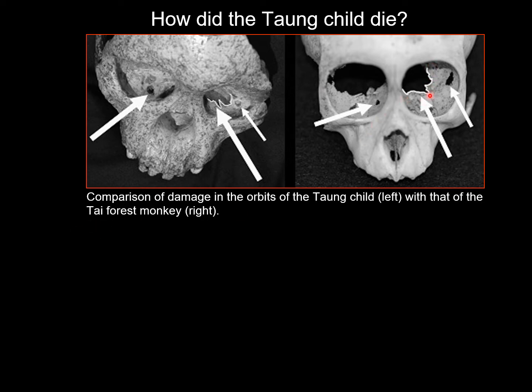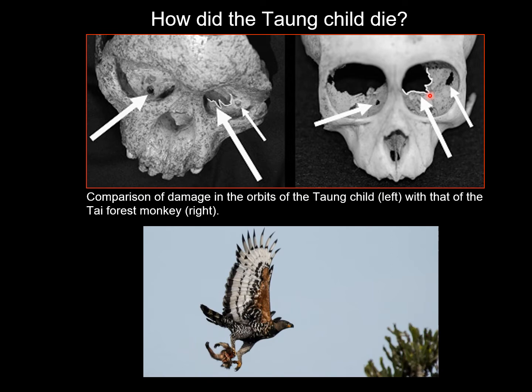And so what actually killed this monkey? Well, an eagle. So these marks are believed to have been made by eagle claws, right? And so the eagle basically grabbed the Taung child by its face and lifted it up to its nest where it was eaten later. So very sad, gruesome death.